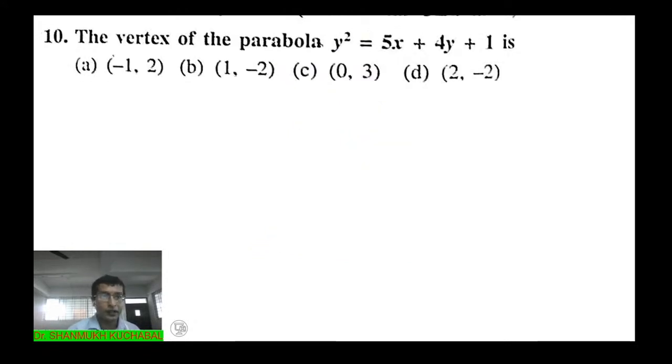Okay, we'll move to the next example. The vertex of the parabola y square equal to 5x plus 4y plus 1 is... So we need to solve this. That is, we have to collect x, y and y square terms on one side.